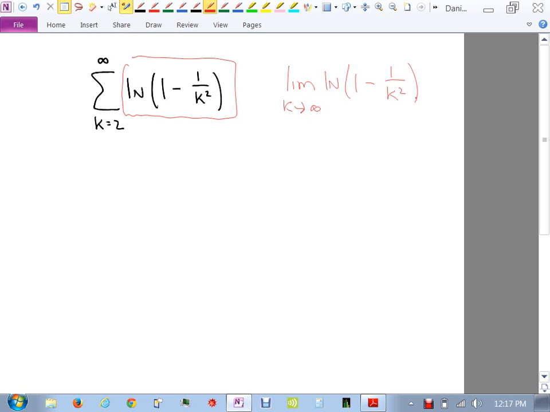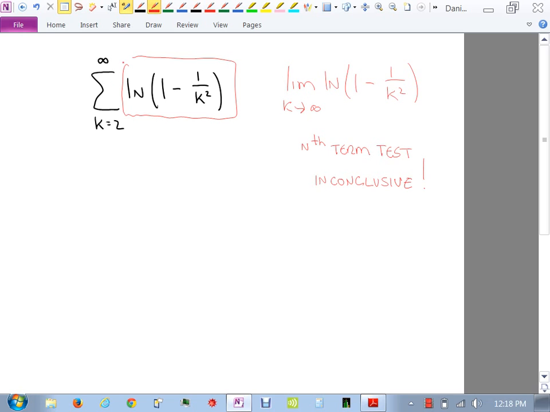Natural log of 1 is 0. So the nth term test tells us what? That's right, inconclusive. Which leaves me with the only other thing I've talked about today, which is telescoping or collapsing.